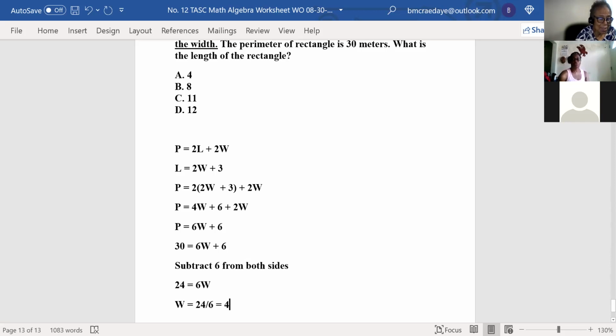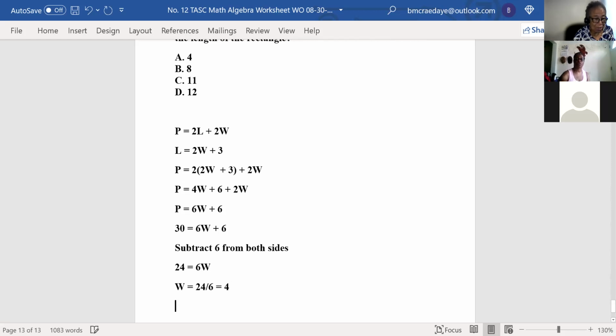Okay, so what is the length? The width is 4. So what is the length?